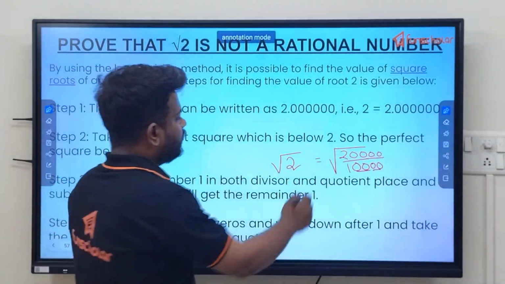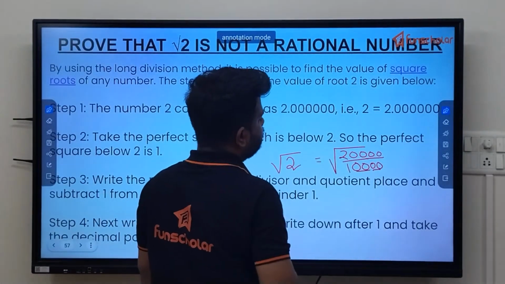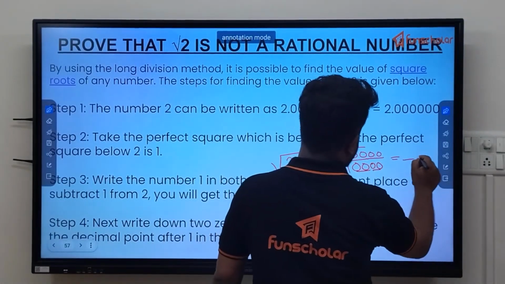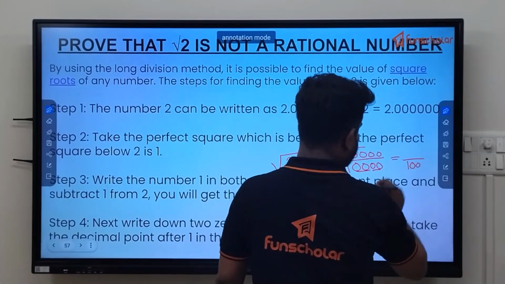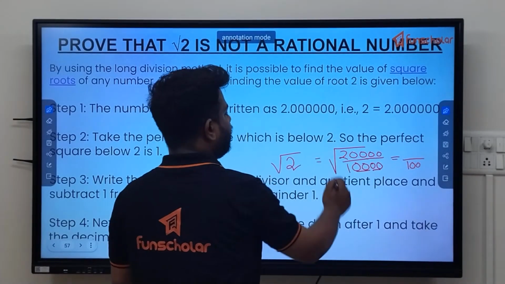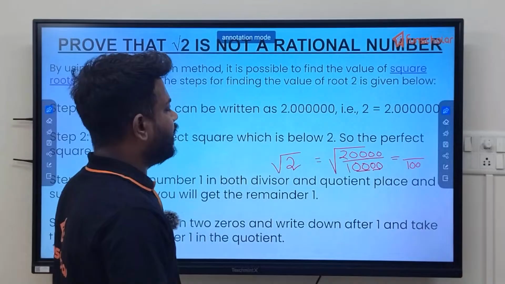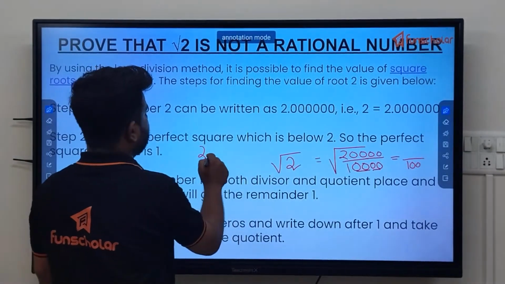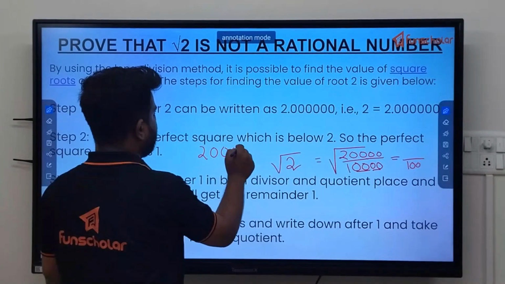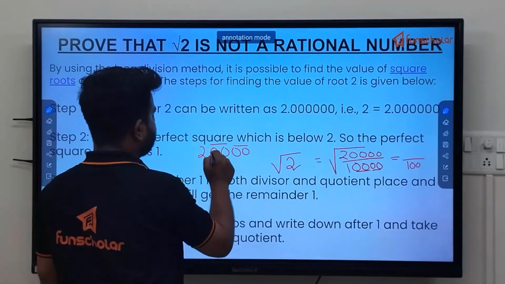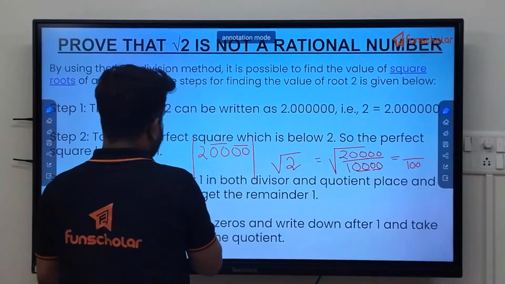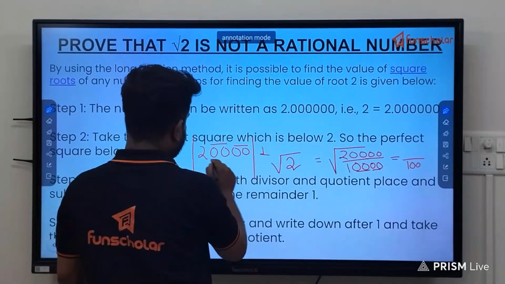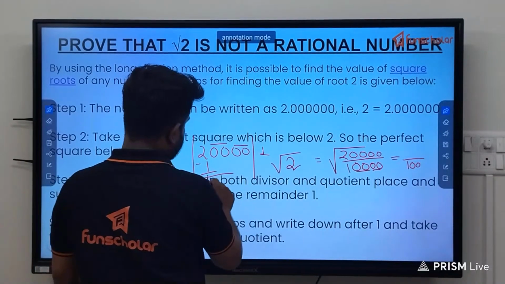In the denominator position, 10,000 is 100 squared, and in the numerator position there is 20,000, which can be written like this, paired and solved like this.